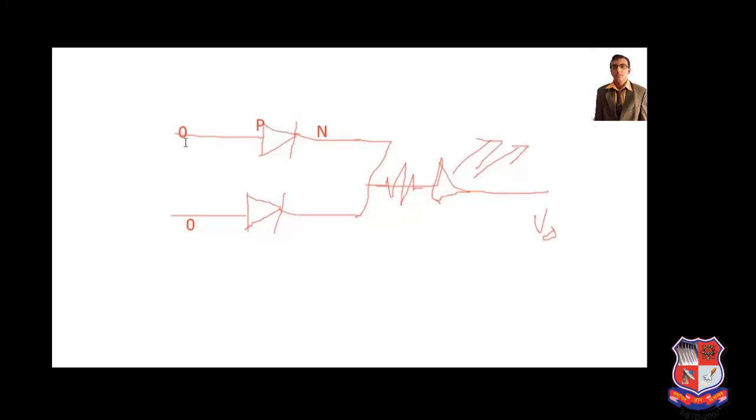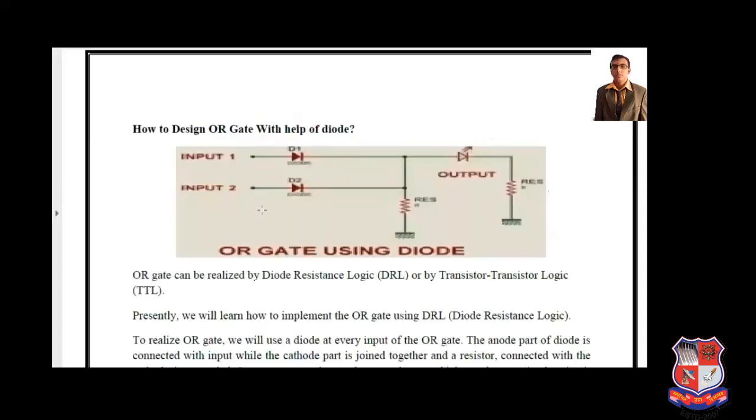Why? Because 0 is applied, so the diode acts as a reverse bias. So it can be considered as an open circuit. So the diode cannot be turned on. So it is the 0 input, output is 0. The diode cannot turn on.